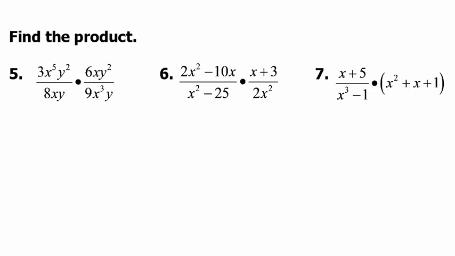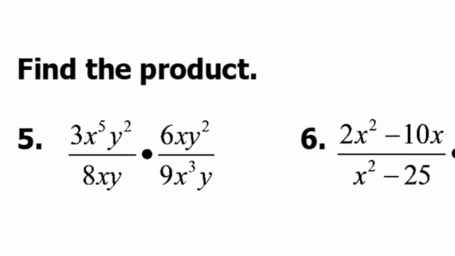Okay, let's start out by taking a look at problem 6. Let's take a look at problem 5. So in problem number 5, I'm going to cancel out things that I can. 3 goes into 9 3 times. 3 goes into 6 twice. 2 goes into 8 4 times.